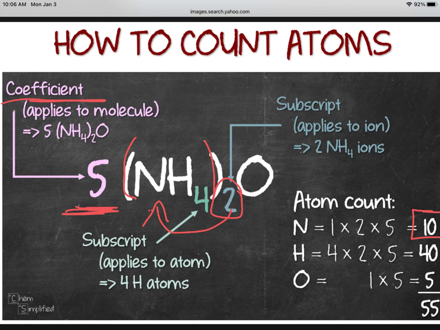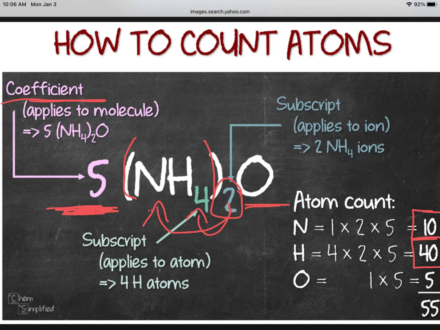And same thing with hydrogen. 2 times 4 is going to give me a total of what? 8. Very good. And then that 8 times that 5 is going to give me 40 total atoms of just hydrogen. Now oxygen here, how many oxygen do I have?